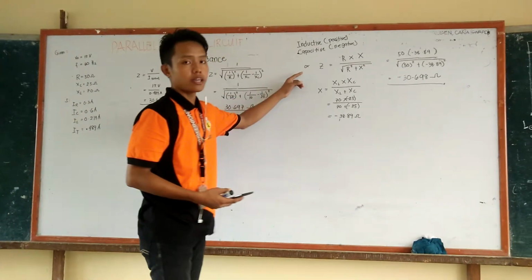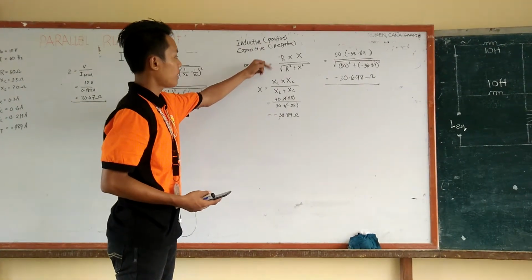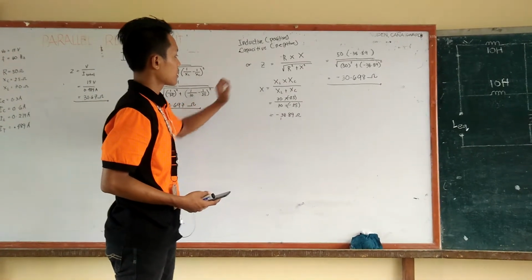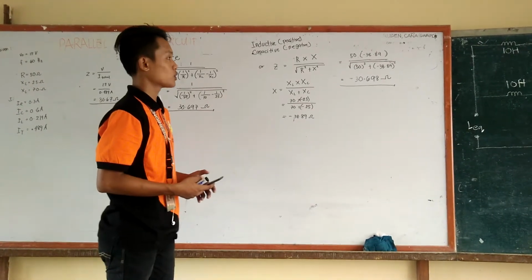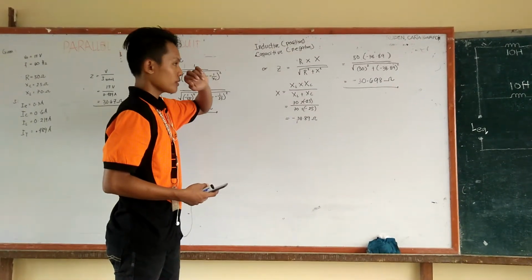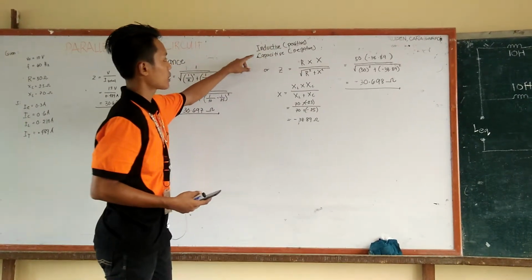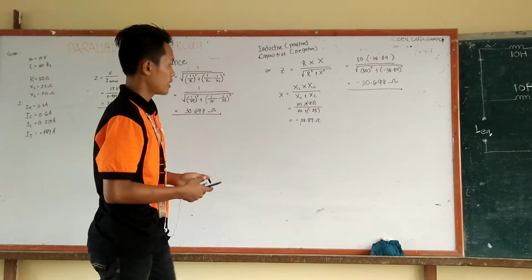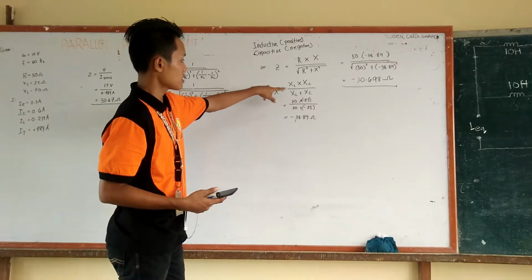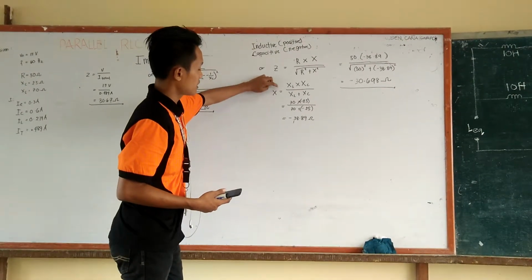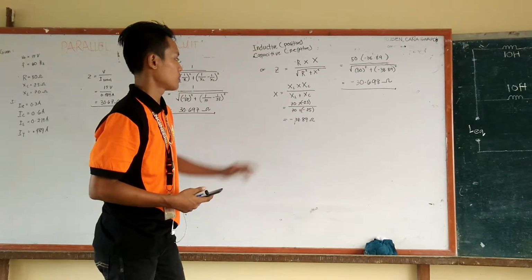Now we have another formula here, but in this formula the value of the inductive reactance is positive and the value of the capacitive reactance is negative, to determine whether the circuit is more inductive (positive) or more capacitive (negative). We have to solve the value of X first, where X equals the inductive reactance times the capacitive reactance all over the inductive reactance plus the capacitive reactance.